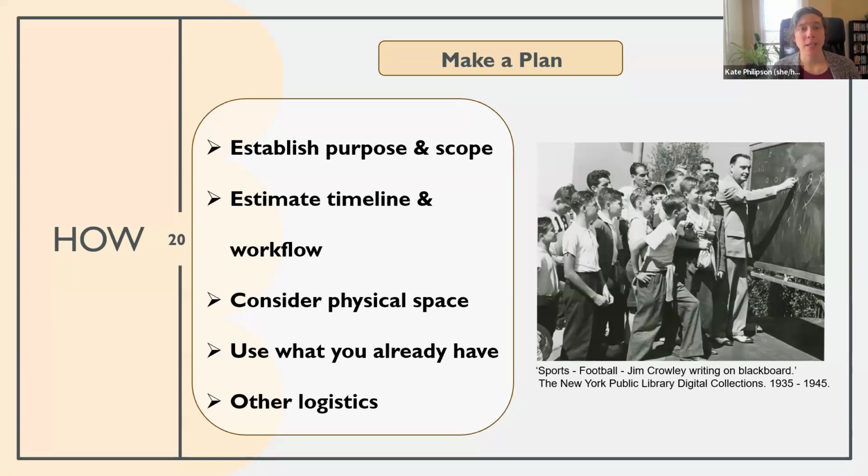Estimating your timeline and workflow is also important. It's just good to have a sense of what this work is going to take. Obviously, it's based on many factors, and it helps to be conservative and estimate longer than you think you might need, because things will change or surprise you.